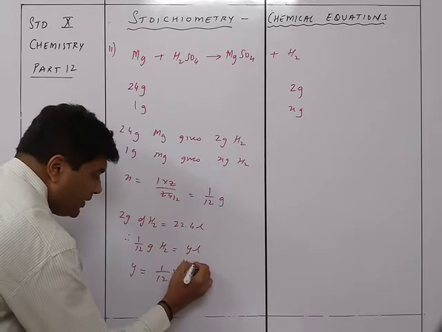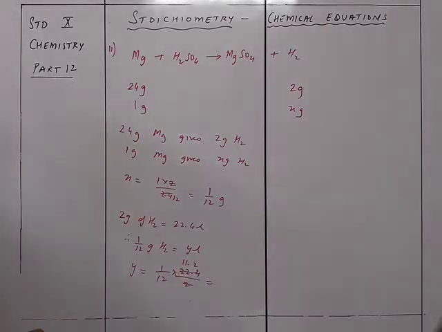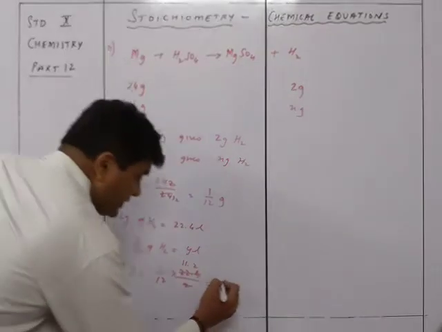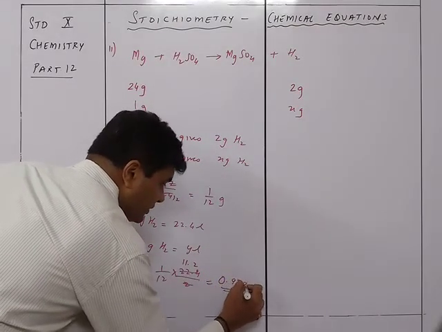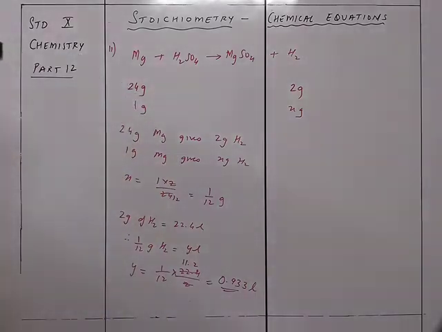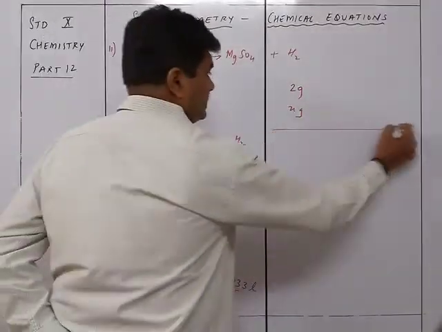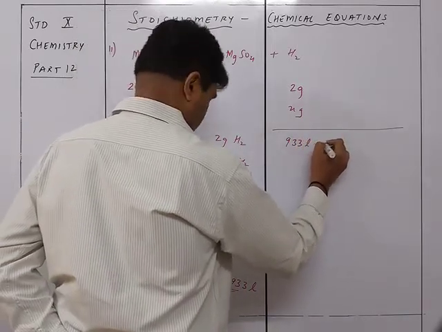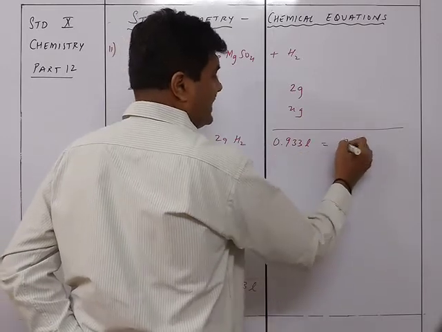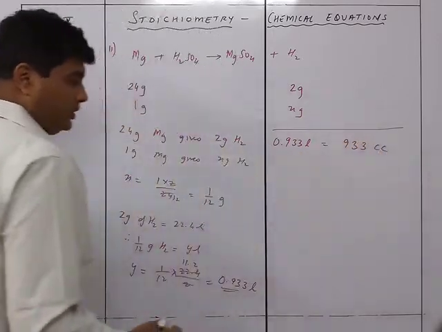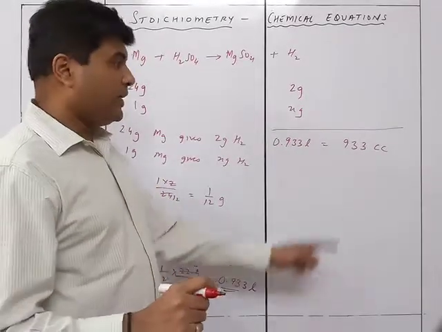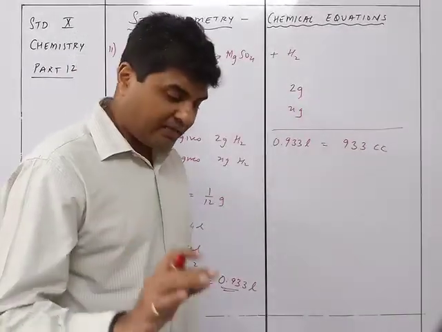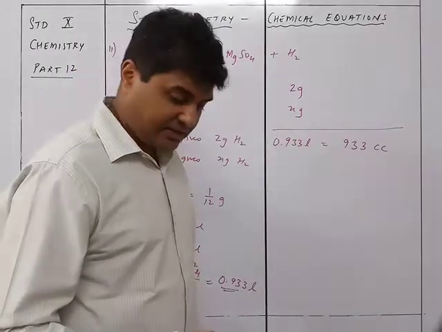So this will be 11.2 upon 12, that's 0.933 liters. Sorry, 0.933 liters is equal to 933 cc. So if it had been pure, it would have given you 933 cc, but instead of that it gave you 298 cc.